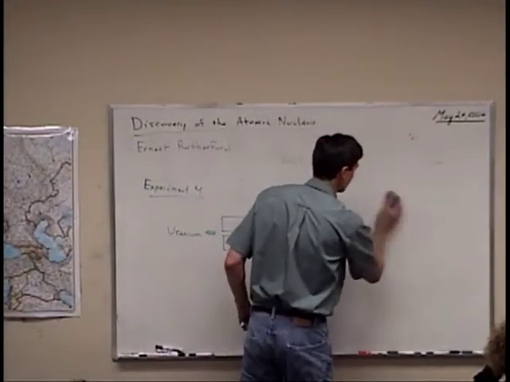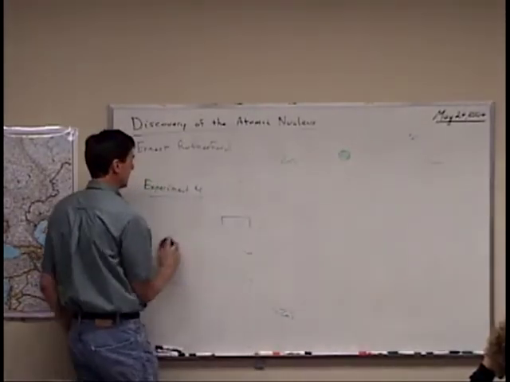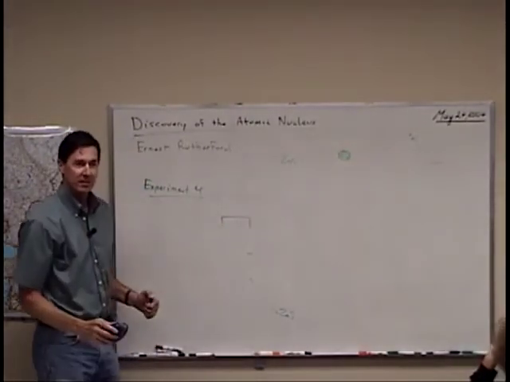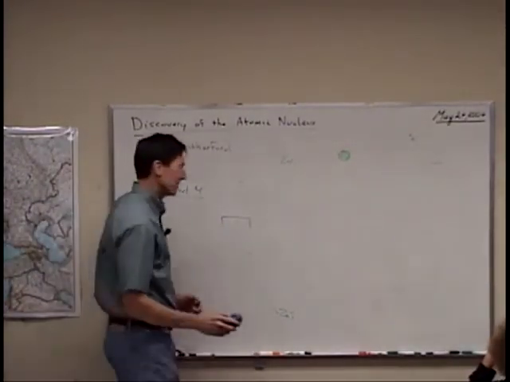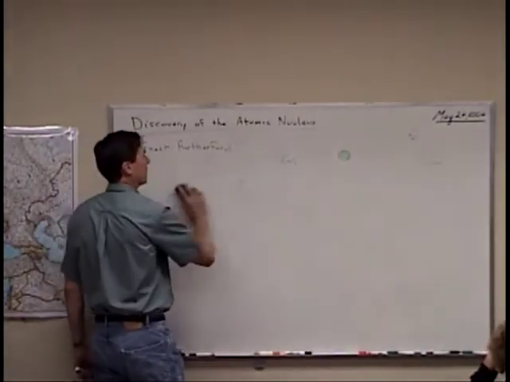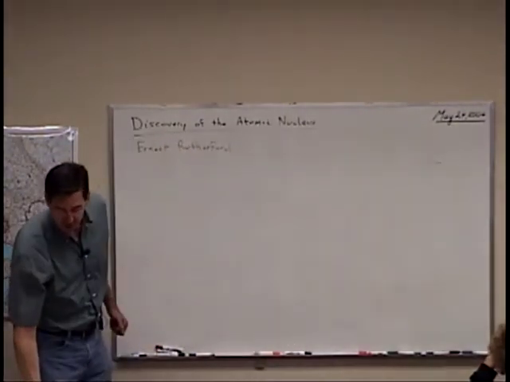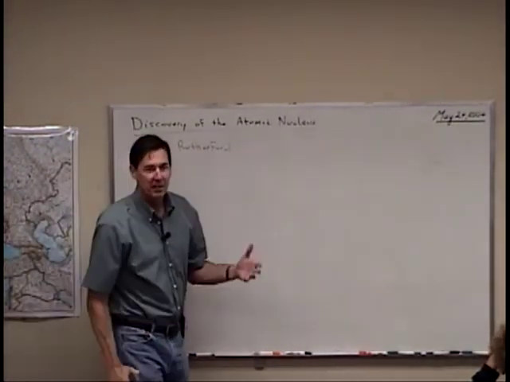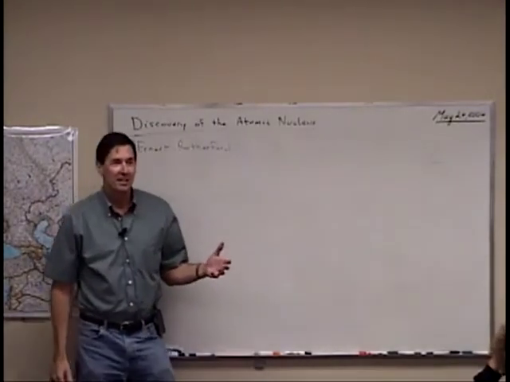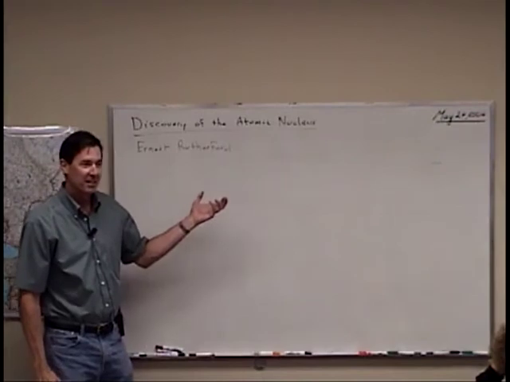Okay, so now we've finally gotten to the nucleus. I mean, this is one of the greatest discoveries in the history of science. And it opened up all kinds of possibilities. For the first time, people understood not just that matter was made of atoms, but that they were beginning to really understand the structure of the atom.